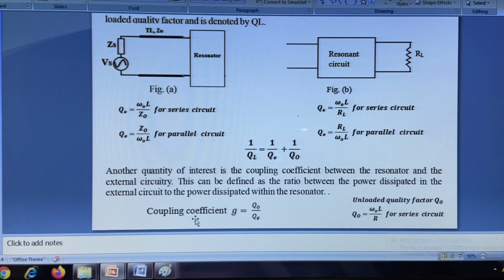So the coupling coefficient G is equal to Q naught divided by QE. Q naught is the unloaded quality factor, associated with the power dissipated in the resonator circuit, and QE is associated with the power dissipated in the external circuitry. The ratio of those two gives rise to the coupling coefficient denoted by the letter G.